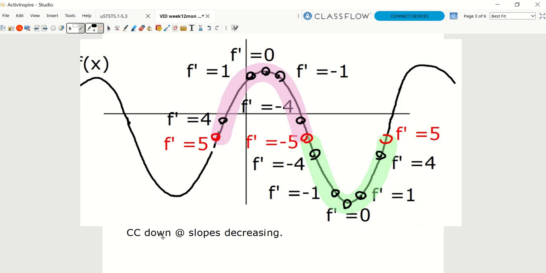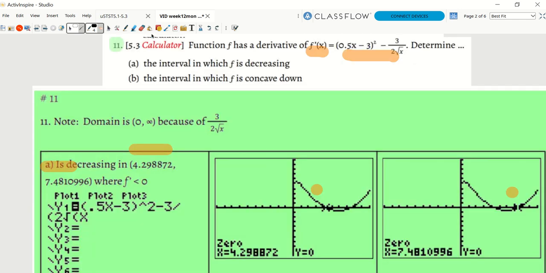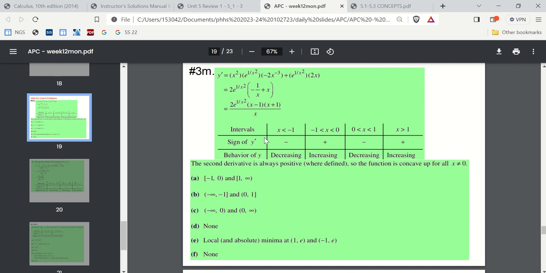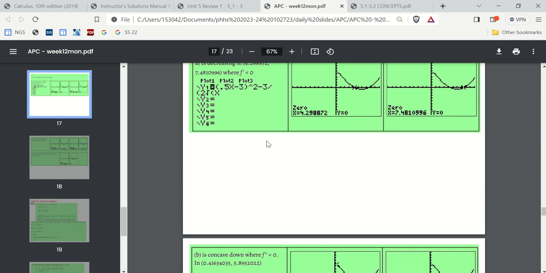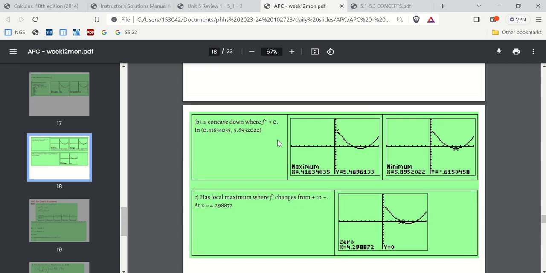Now, this right here is the graph of slopes, and slopes are decreasing here all the way to here, all the way to the vertex basically. So let me pull that up.